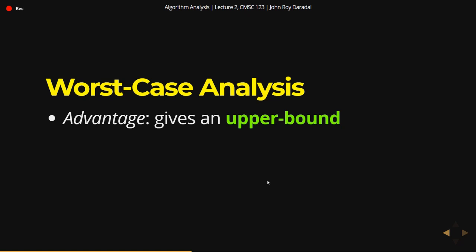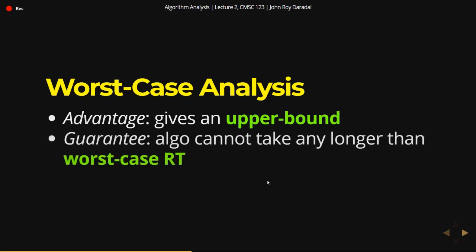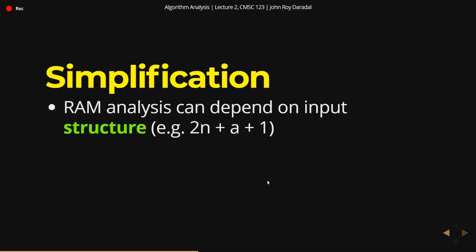And the advantage of doing this is that it will give us an upper bound, or it will guarantee that the algorithm cannot take any longer than the worst case running time. That is already the upper bound limit, so it cannot exceed more than that. Okay? So we will use worst case analysis.